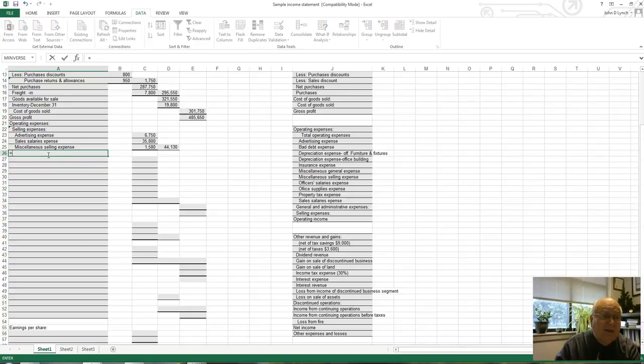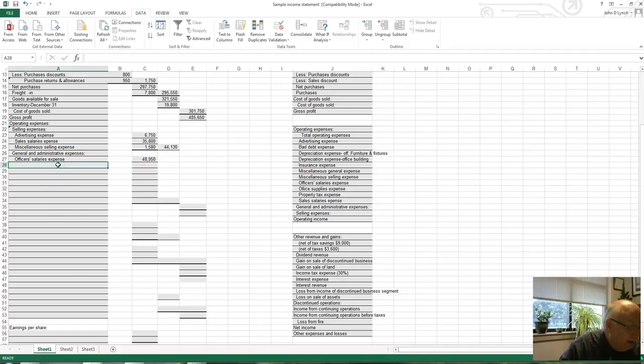The other ones you have after selling expenses is general administrative expenses, and that's the expenses that are basically office related, that don't really involve directly selling the product, but that's not saying they're not necessary. The officer salary expense would be an example, and that's for $48,950.